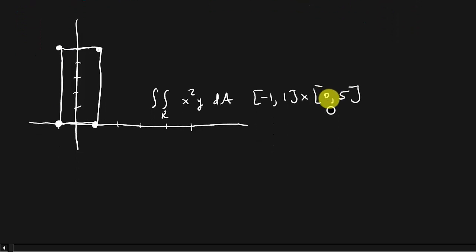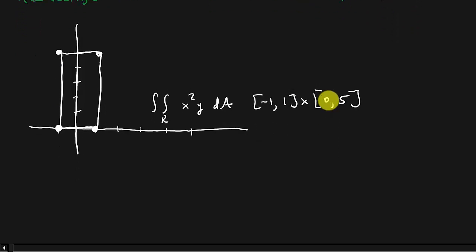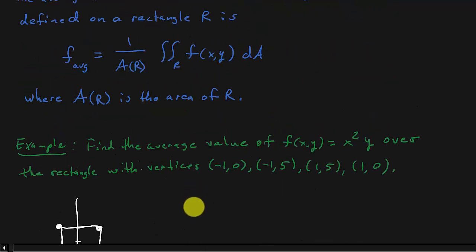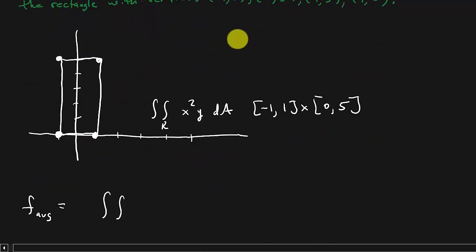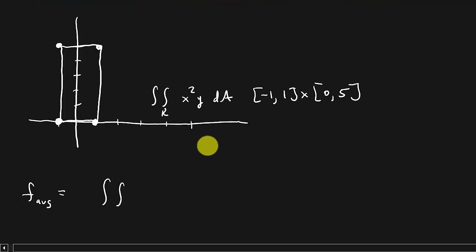Okay. Now, my average value is the double integral. I'm going to need to leave a little room there because remember, we got a 1 over the area of the rectangle. And we'll get that in a minute.